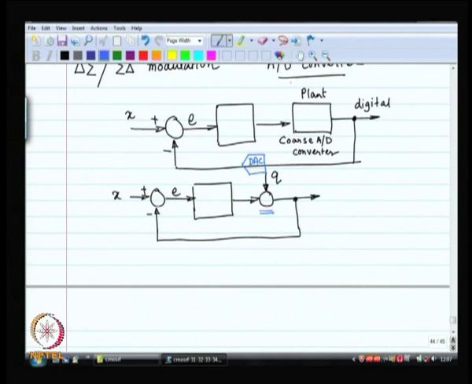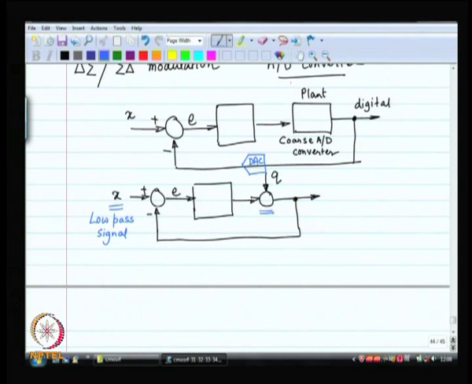Now, suppose I restrict my X to be a low pass signal. This is the biggest thing about the sigma delta modulator, that I am going to restrict X to be a low pass signal.